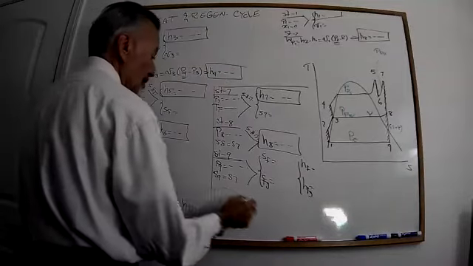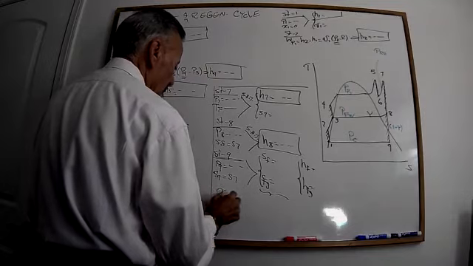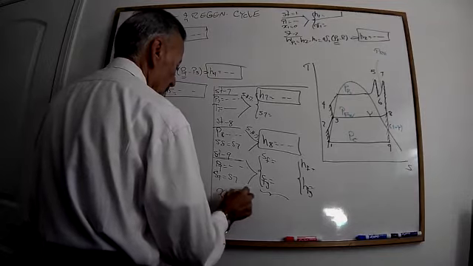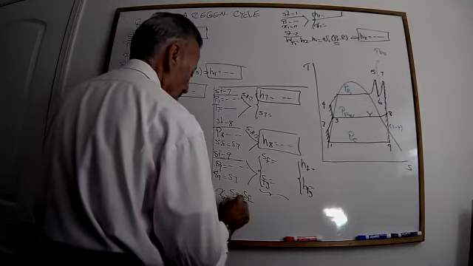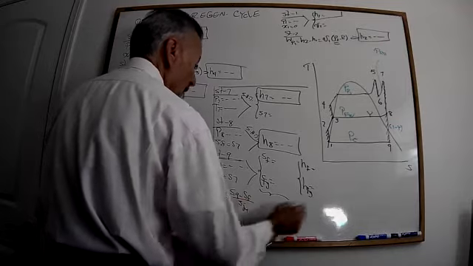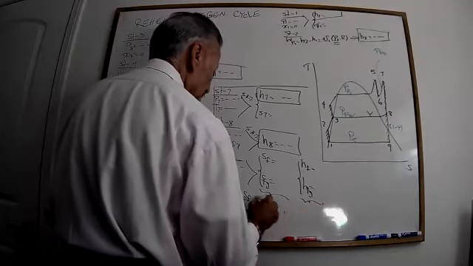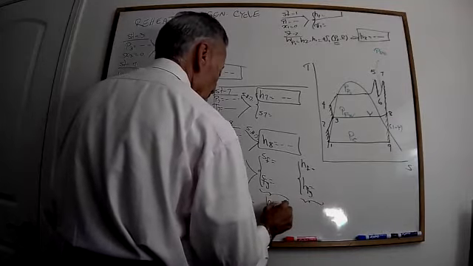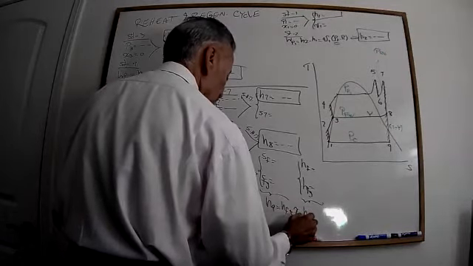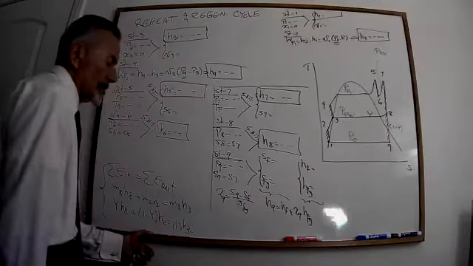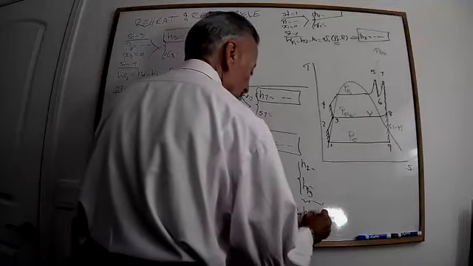Once you find these values, you find X9, which is S9 minus SF divided by SFG. And from this side of it, you find H9 to be HF plus X9 times HFG. And that's how you find your final value. So that is your H9.